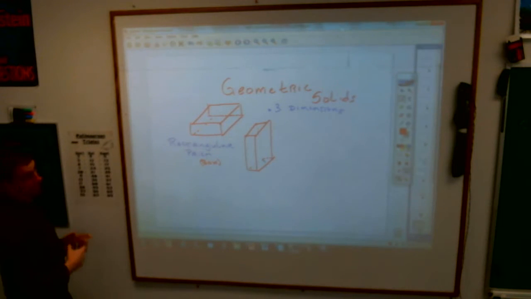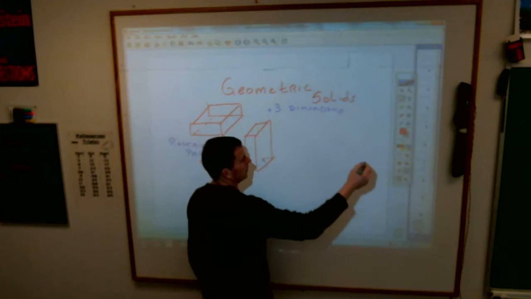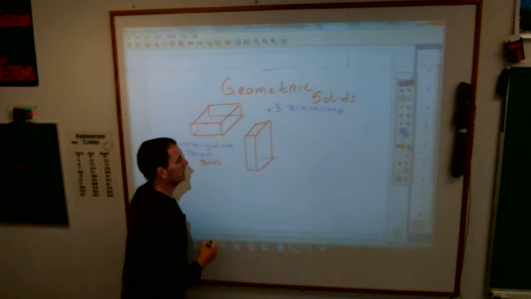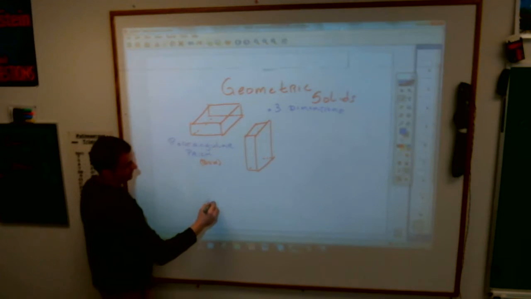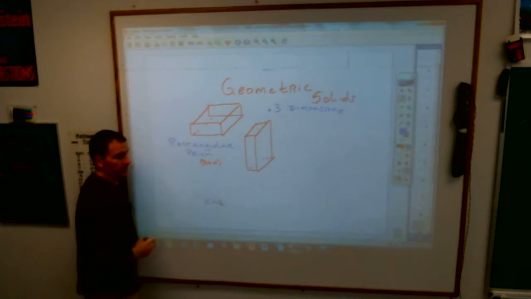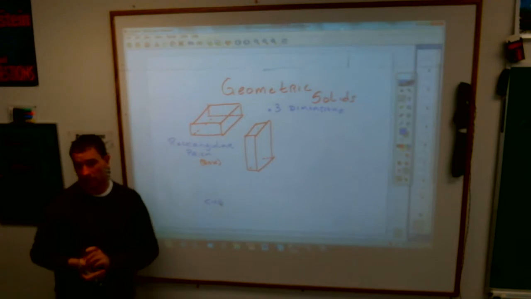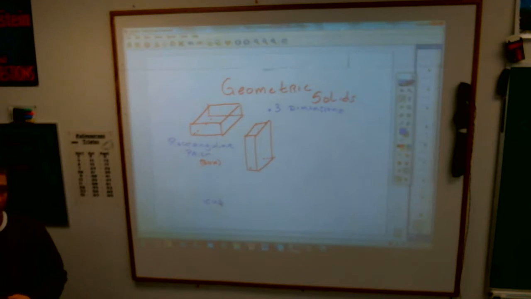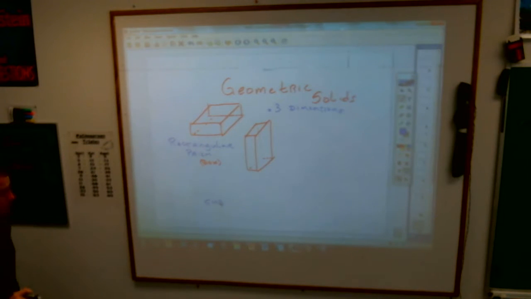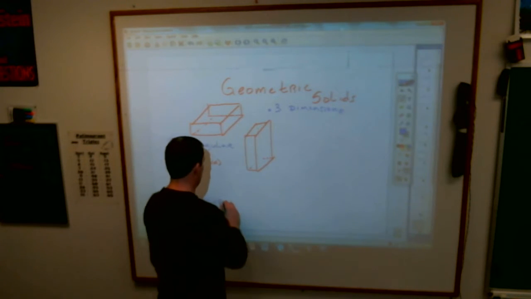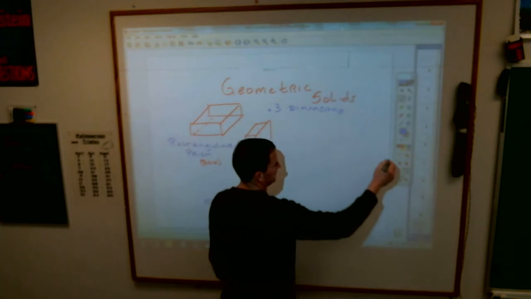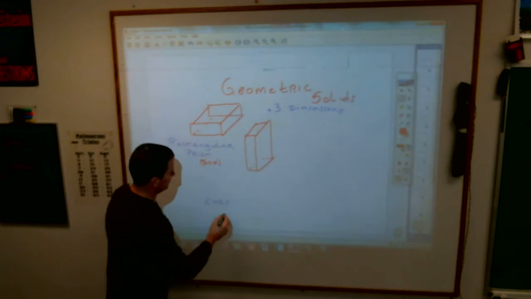We have a special type of rectangular prism we call a cube. What makes it special? What kind of a rectangular prism is it? Anybody know? A dice. What makes a dice, Joseph? Square. Yeah, every side is a square. I think that's where Joseph's going with that.